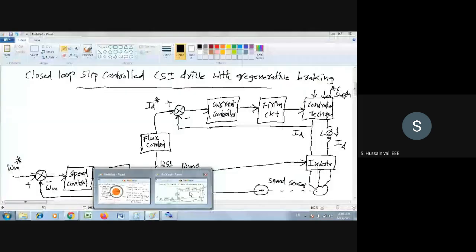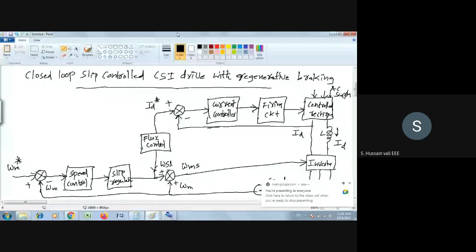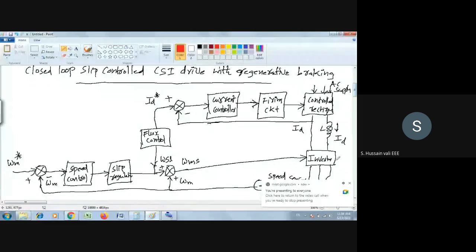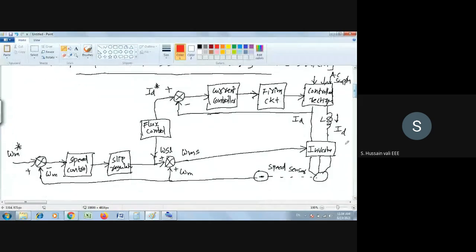Now see this block diagram. So now you see here, we'll search what is there here. What is there here? See, this is the induction motor. Okay, this is the induction motor. The supply to the induction motor you are getting from the current source inverter.